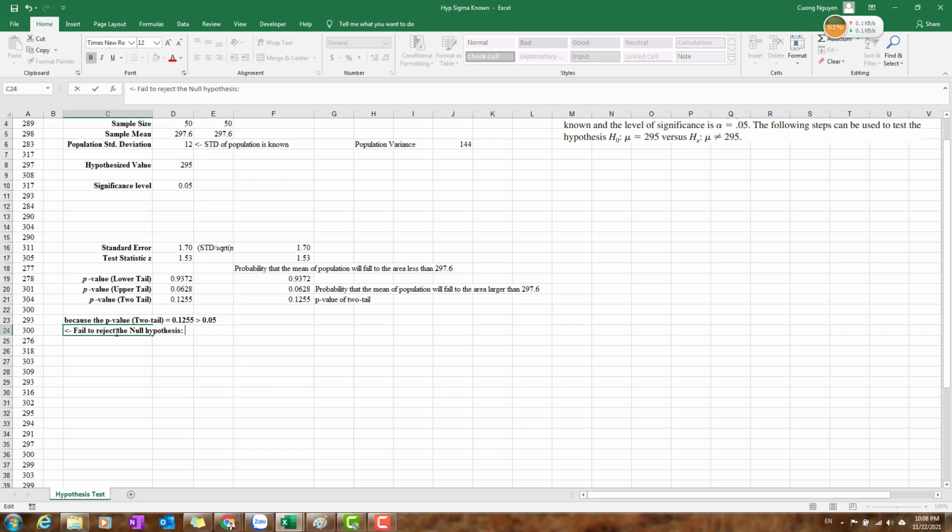That means the population mean is still equal to 295. Okay, that should be the point. However, when we run everything the manual way like this, it's not so convenient.